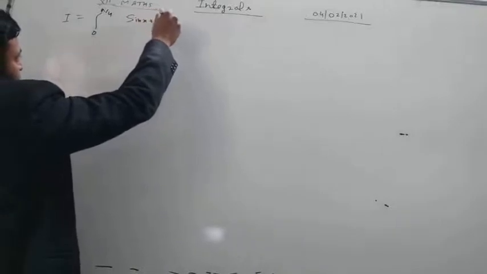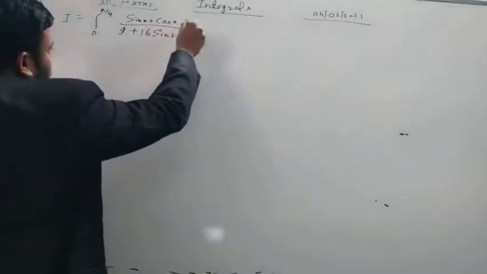So friends, our next question is: find the value of the integral I is equal to 0 to pi by 4 of sin x plus cos x by 9 plus 16 sin 2x dx.